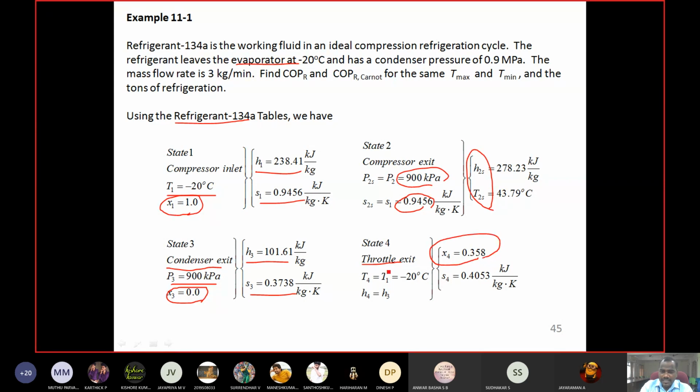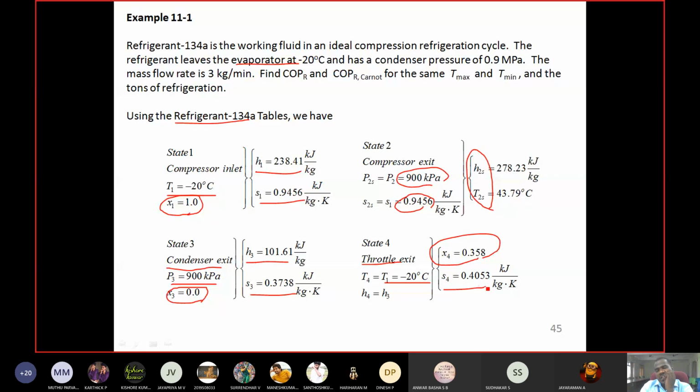In this state the refrigerant will be a mixture of liquid and vapor, so we have to find the quality X, which will be about 35% or 36%. We know the H3 value, and we take the H value from the table corresponding to minus 20 degrees Celsius; comparing both, we get the X4 value, and then also the S4 value.